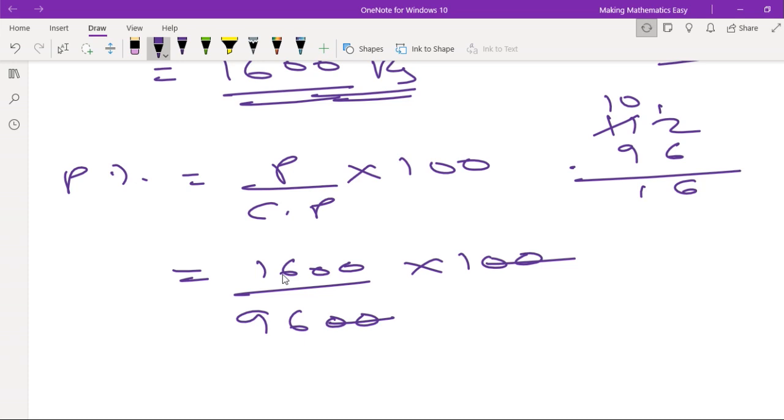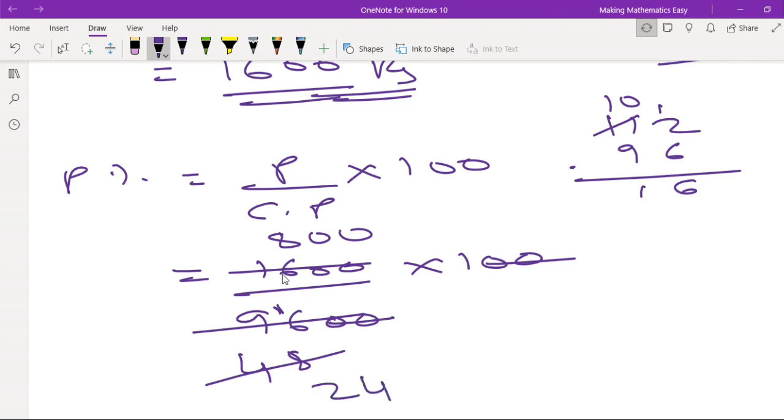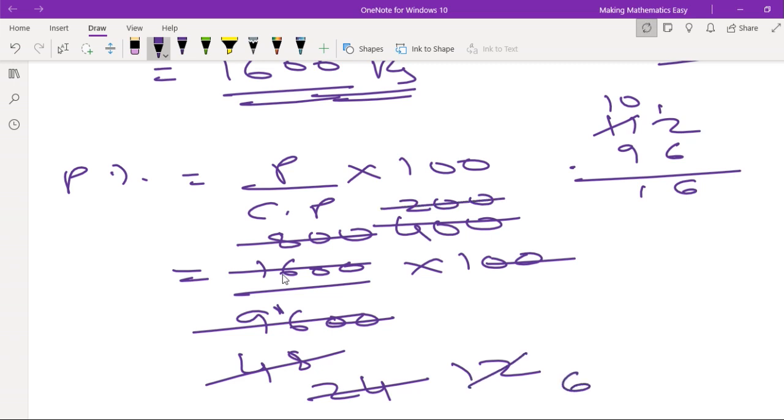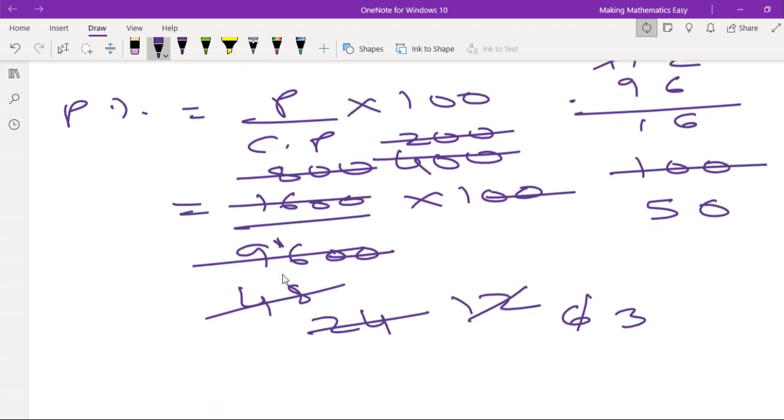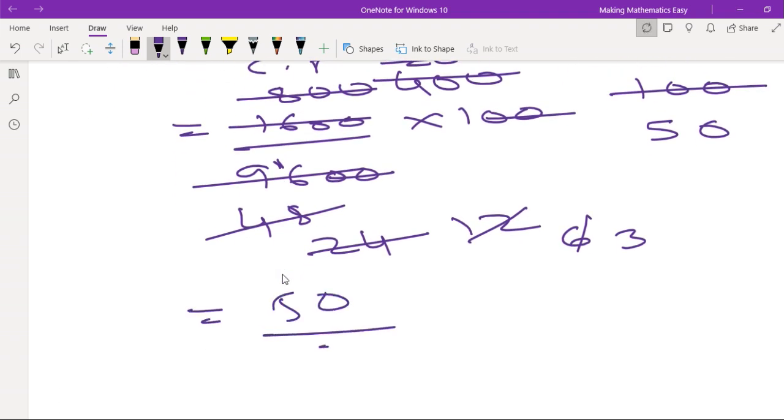Now we have to do the cancellation. 2 4s are 8, 1 gets carried over here, 2 8s are 16, 2 8s are 16, 0 0, 2 2s are 4, 2 1s are 2, 0 0, 2 6s are 12, 2 1s are 2, 0 0, 2 3s are 6, 2 5s are 10. Now 50 and 3 do not get cancelled.